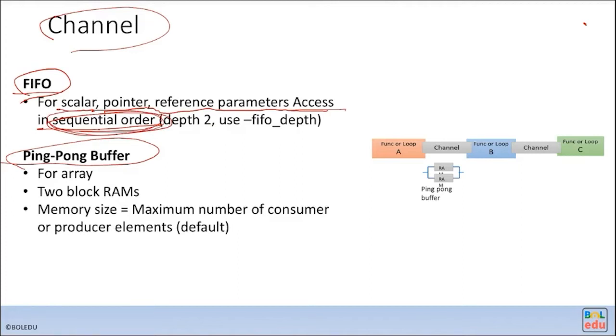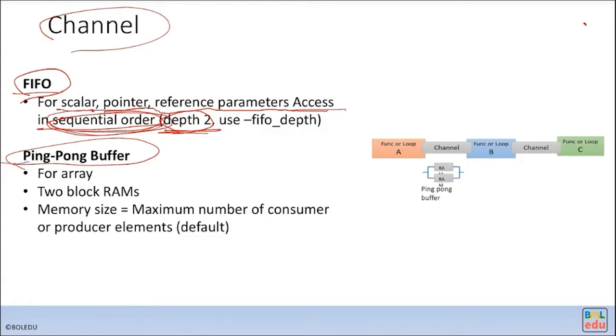So that's why, when you merge two loops, the order may not be determined after the merge. In that case, you cannot do the merge. And normally for this case, the FIFO depth is 2 by default.